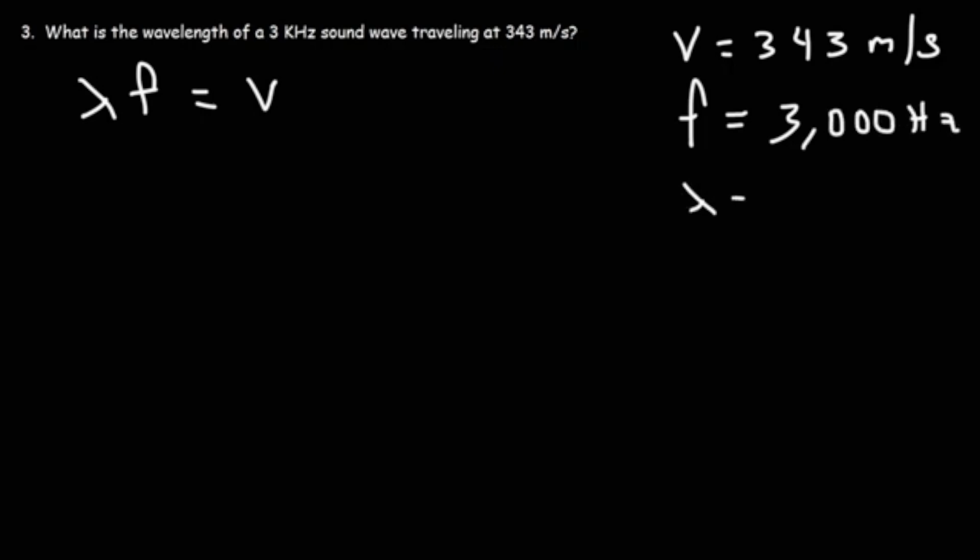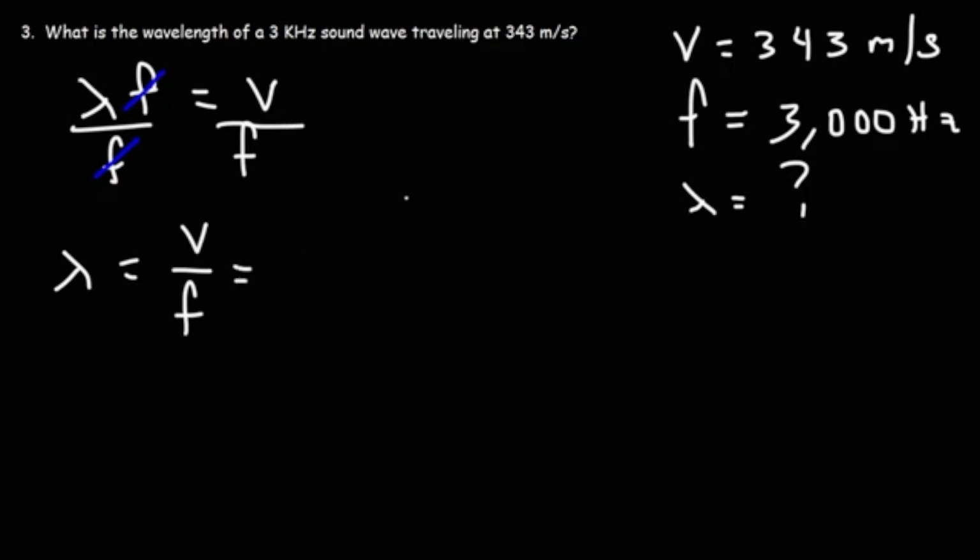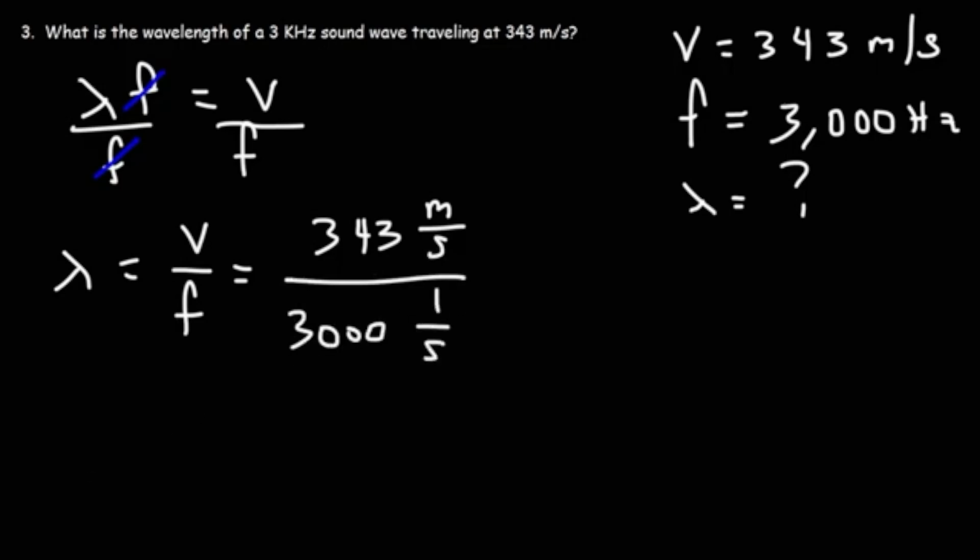Our goal is to calculate the wavelength. So if we divide both sides of the equation by f, we get the wavelength. The wavelength is the speed divided by the frequency. The speed is 343 meters per second. The frequency is 3,000 hertz. Keep in mind, 1 hertz is 1 over seconds.